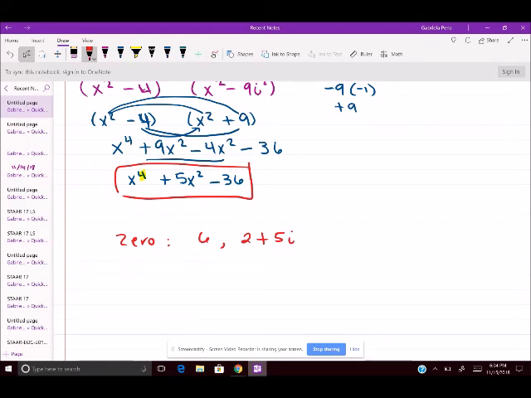So because they give you a plus 5i, I also need to do a 2 minus 5i. So when you set them up, since this is positive, it's going to be x minus 6, x minus 2 plus 5i, and an x minus 2 minus 5i.